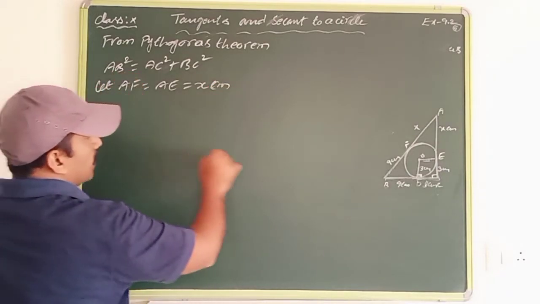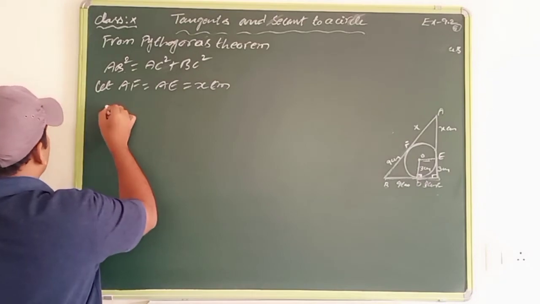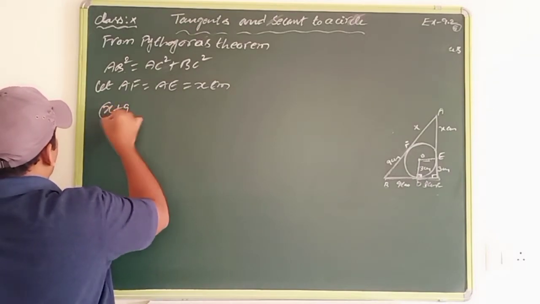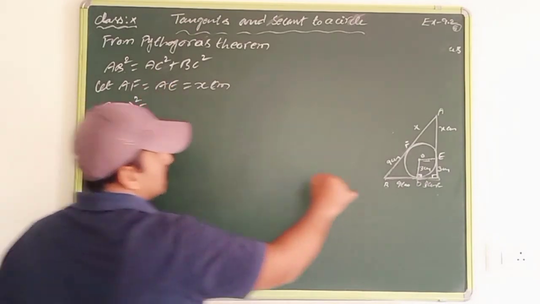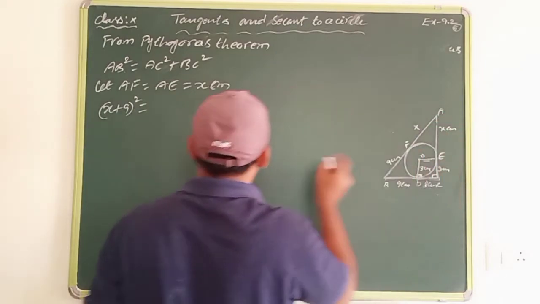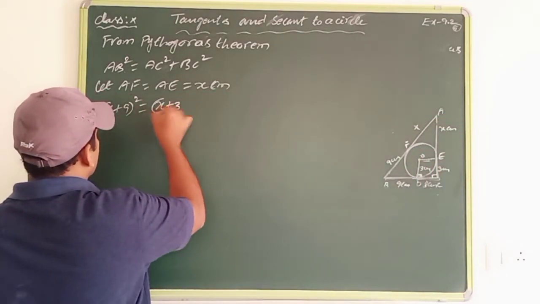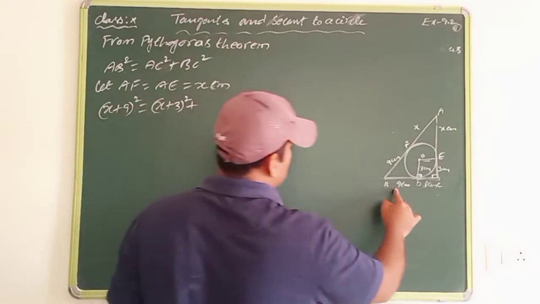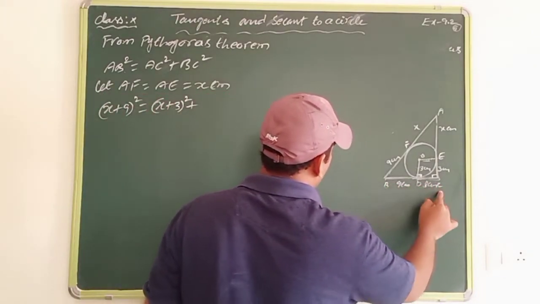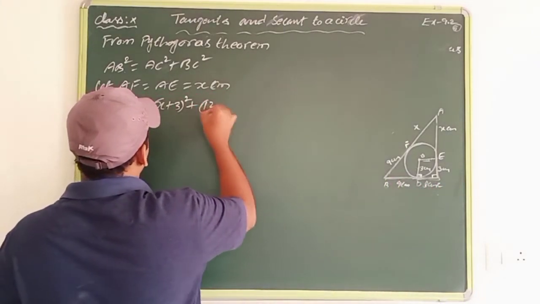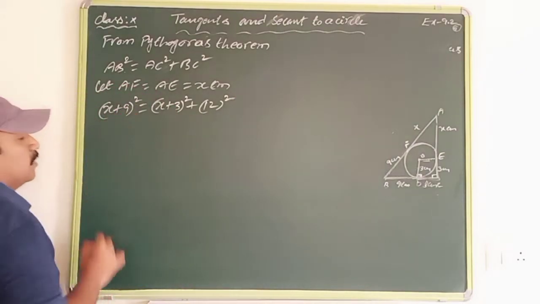So AB means the total, we can get here (x plus 9) whole square. AC is (x plus 3) whole square, plus 9 plus 3 is equal to 12, so BC is 12 square.